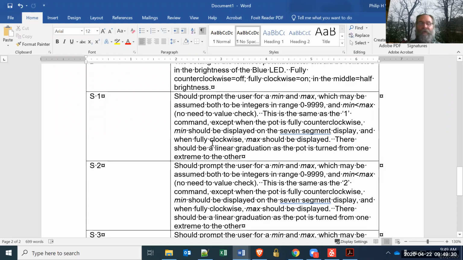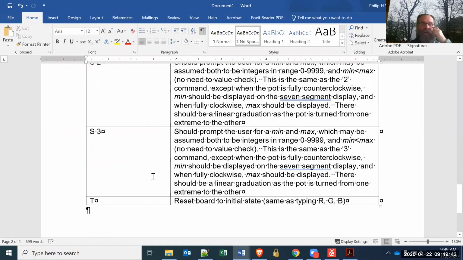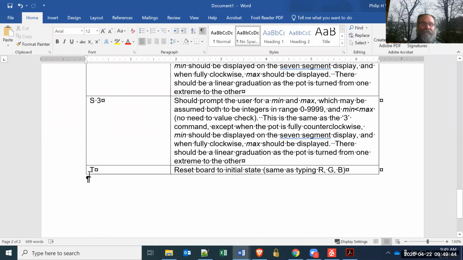It's somewhat slow, but you can do division on the 328. For 2, it's the same, except it's the center pot. For 3, it is the rightmost pot. And just in the interest of giving you a reset command, if you type T, it will reset the board to the initial state, the same as typing R or G or B.